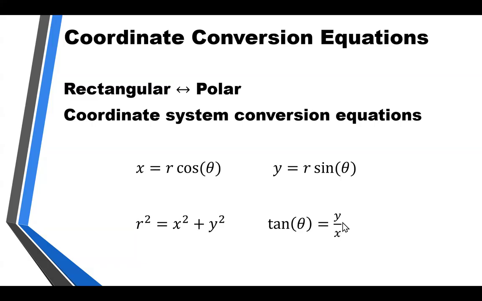So if you're given x and y, you can find theta here. If you're given x and y, you can find r with this. If you're given r and theta, you can find x with this one. If you're given r and theta, you can find y with this one. So that is a pretty straightforward conversion for going from rectangular to polar or polar to rectangular.